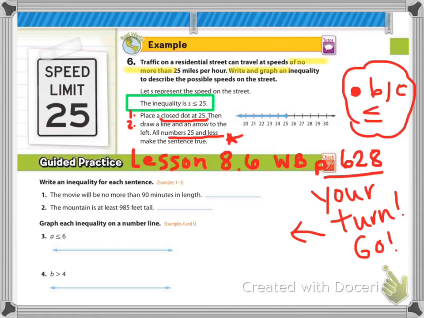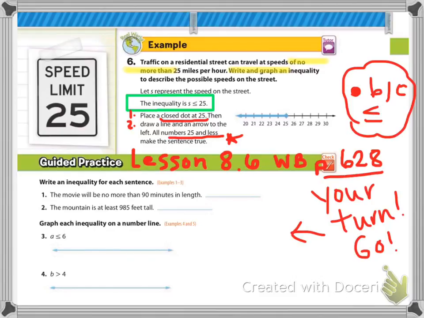We're in the workbook, page 628, again highlighting and looking at keywords. Traffic on a residential street can travel at speeds of no more than 25 miles per hour. Not higher than, not greater than 25 miles per hour is another way of saying that. So you need to write the inequality and then put the graph. So S for the speed limit is less than or equal to 25.